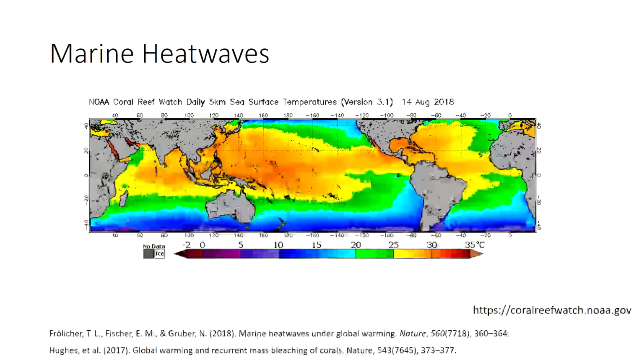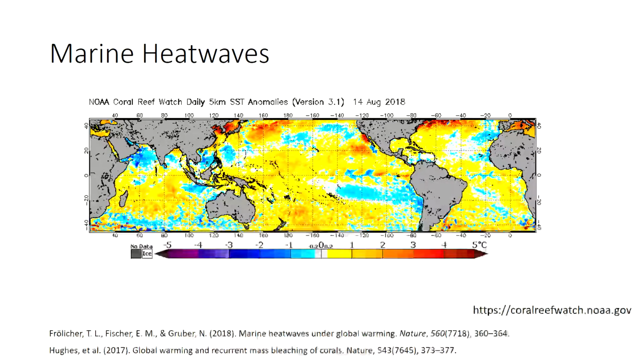But actually, it's a little bit more informative to not look at the absolute temperature, but look at the temperature anomalies. So each grid square, each pixel in this image, is the temperature on the 14th of August 2018 minus the average temperature for the 14th of August for previous years.